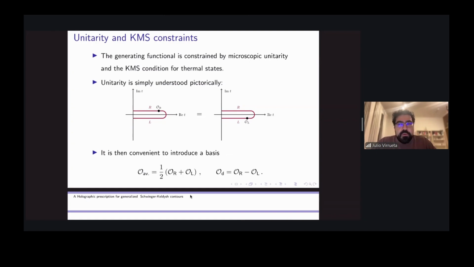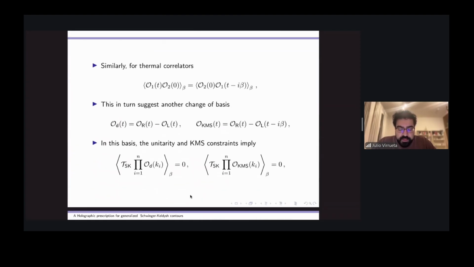To capture this a bit more concretely, it's useful to introduce a new basis instead of the usual right-left basis for operators. I will consider this average-difference basis. And then the property of unitarity simply tells me that if I have correlators that are all difference operators, I can always just slide them across the contour and they will annihilate each other and that will just give zero.